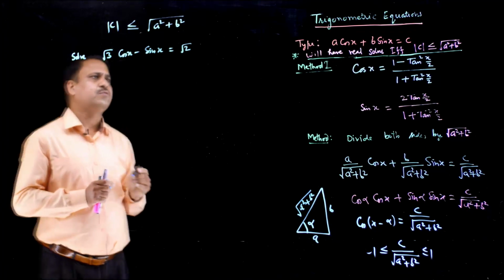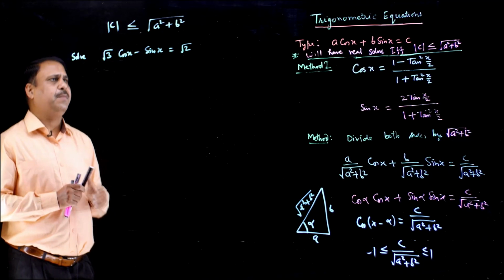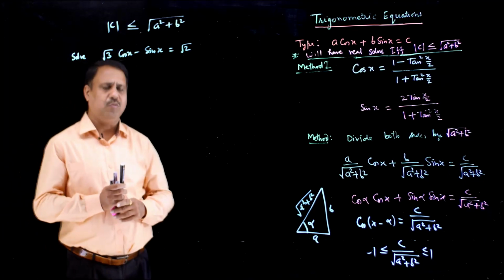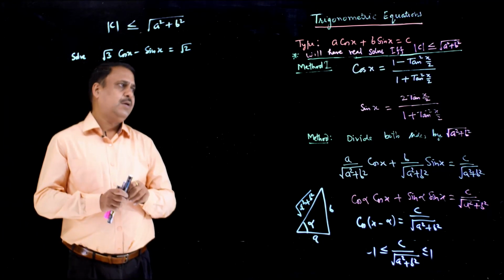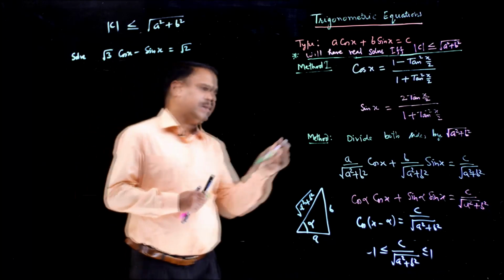Suppose this equation I have to solve. Under root 3 cos x minus sin x is equal to under root 2. I am explaining by the second method.